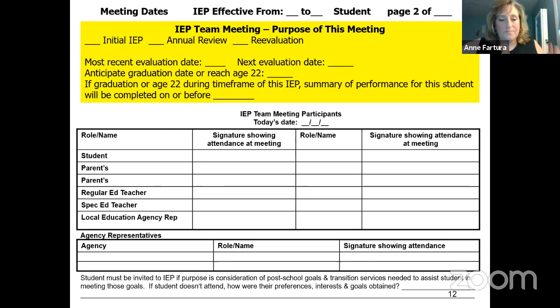It's important as far as if there's a time before that 3-year, maybe around the 2nd year, that things are falling apart, things aren't going well, and the family has concerns that maybe there's been some great changes and that the data that we've used to develop the current IEP is not necessarily reflecting where that student is at anymore, then it's possible for a team to decide at 2 years that it's time to do them a little bit early. It might be time to do one of them a little bit early.